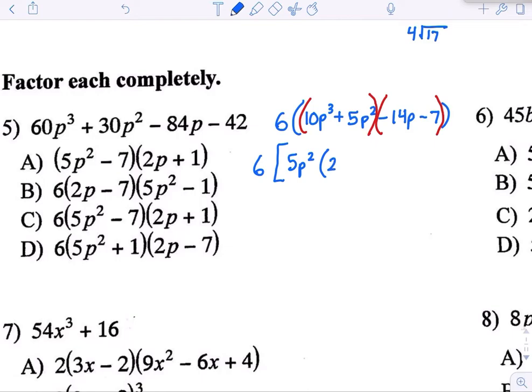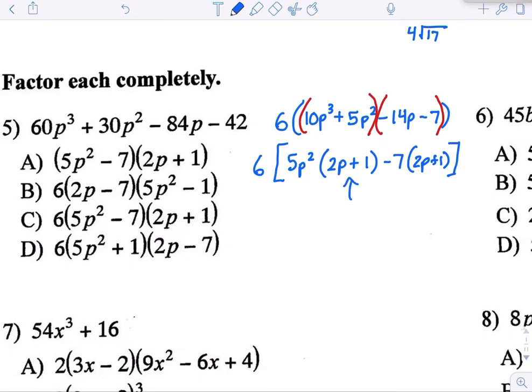So we're going to get 2p plus 1, because 5p squared divided by 5p squared is just 1. Now, the second parentheses, right, I'm noticing I can pull out a -7. Usually, you guys, you don't like to see a negative in the front. So, -7, -14 divided by -7 is 2p, -7 divided by -7, plus 1.